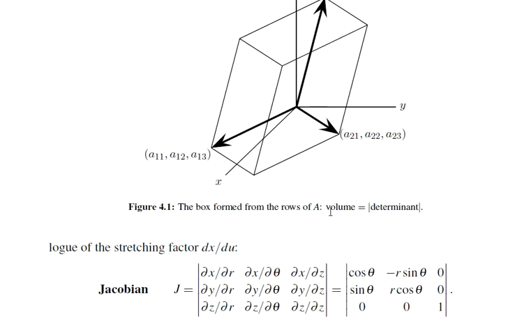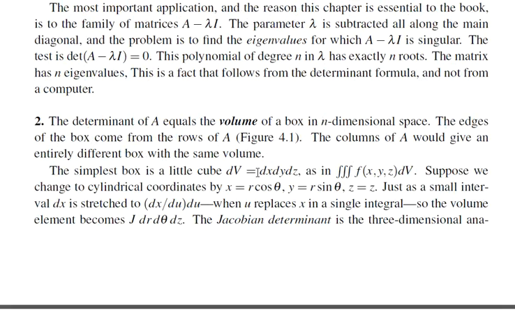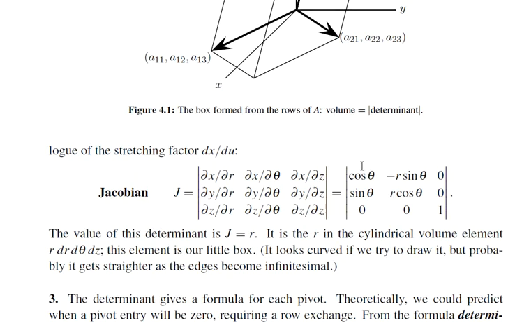Let x be r cos theta, y be r sin theta, and z. In all these columns we have x, y, z. The differentiation of r cos theta with respect to r is 1 times cos theta.